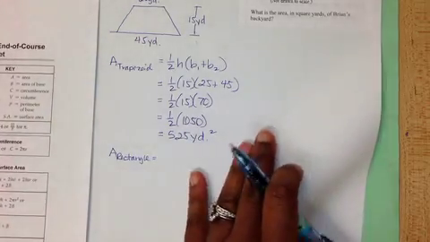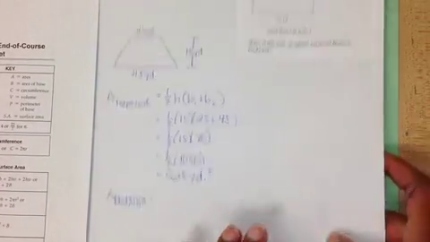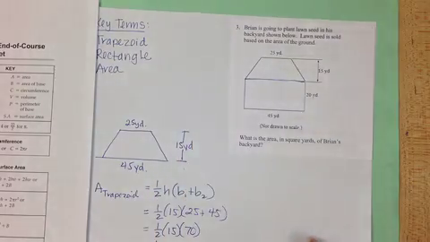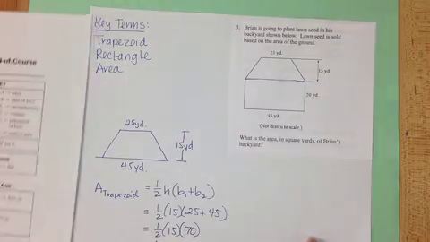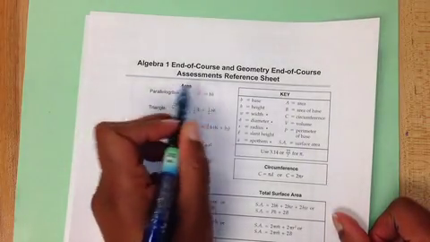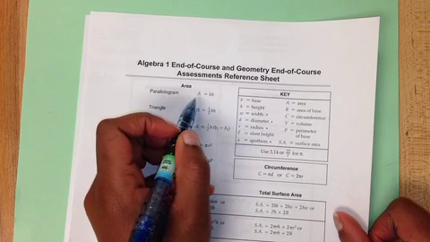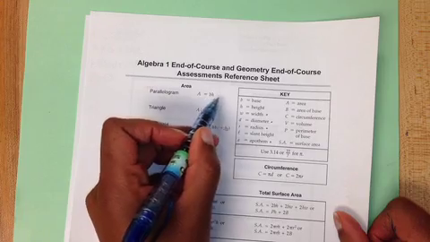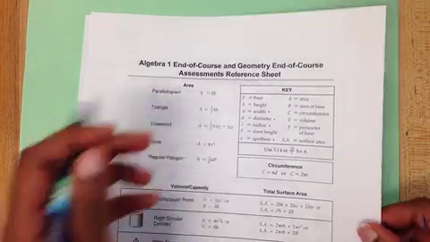So as we stated before, our rectangle has two pairs of parallel sides. So because it has two pairs of parallel sides, it is identified as a parallelogram. So we can use this formula on the reference sheet for that figure. So to find the area of a parallelogram is A equals BH, B being the base, H being the height.